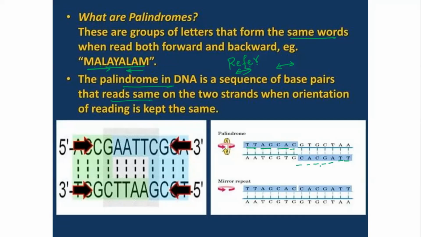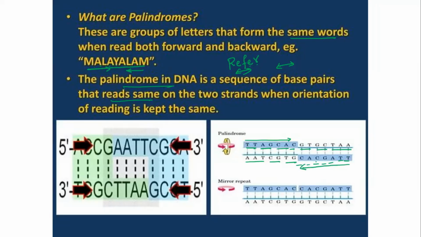See, this is palindromic. And here again GTGCTAA, and here AATCGTG. So if you are reading from left to right, and if you are reading from right to left, it will be similar.